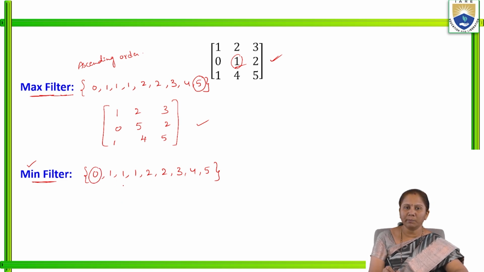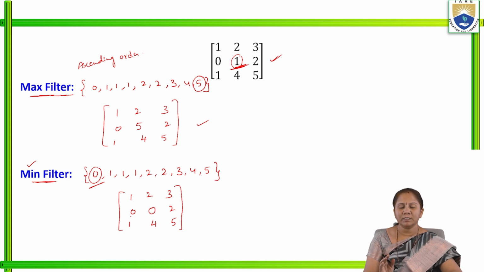In this case, the minimum pixel value is 0, and this 0 will be replaced in place of 1. Then the output image will look like 1, 2, 3, 0, 1, 4, 5 and this is 2. Edges of the image will be preserved and the center pixel value 1 will be replaced with 0.